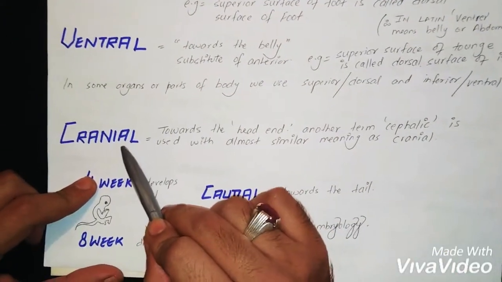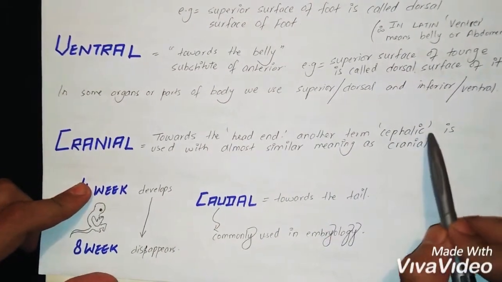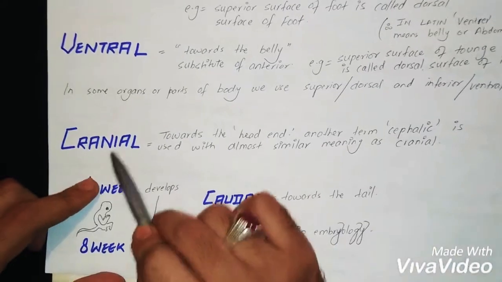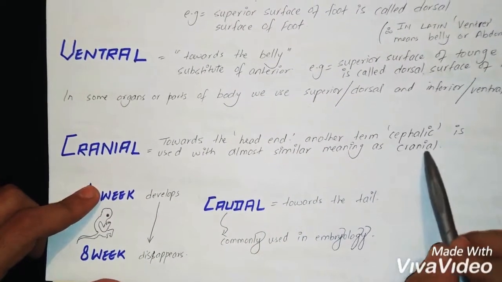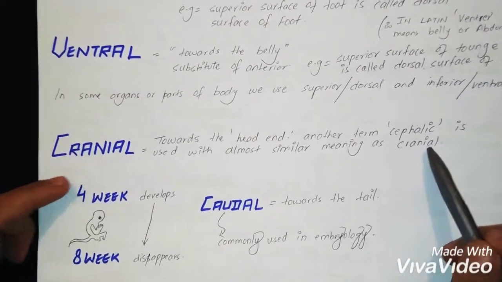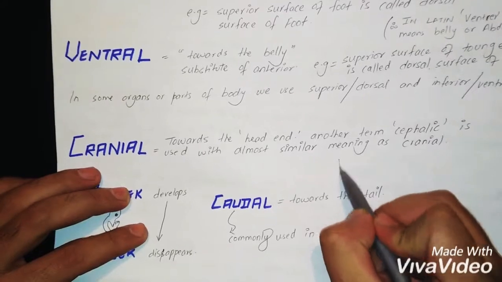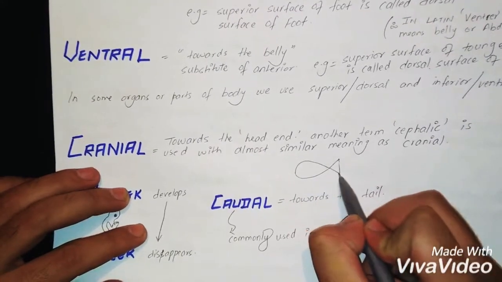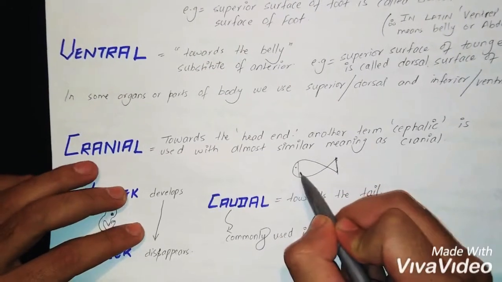And if we look at the term cranial, cranial is actually towards the head end. Another term, cephalic end or cranial end or head end, is used with almost similar meaning as cranial. For example, if we draw a fish, then we can say that this fish has a caudal end and a cephalic end. The head end is called the cranial end or cephalic end.